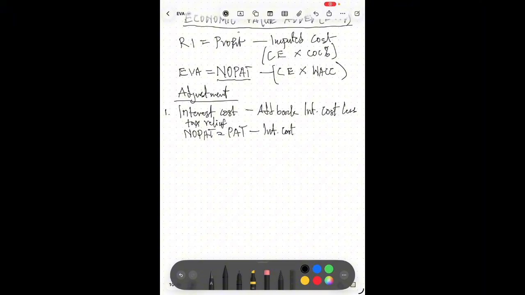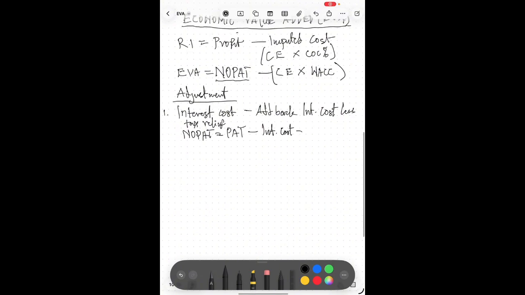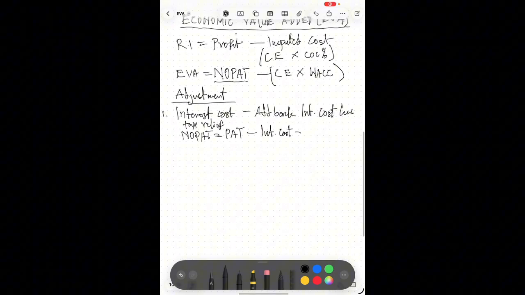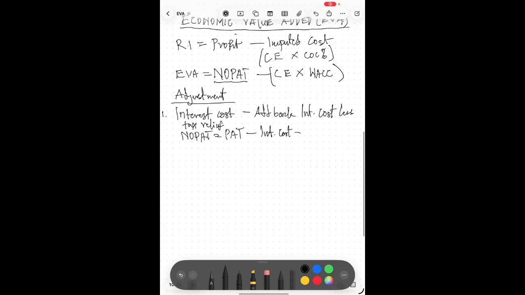Before arriving at the profit, you've already deducted the interest, and tax has been applied. So we say interest cost less tax relief, whatever is the tax percentage.